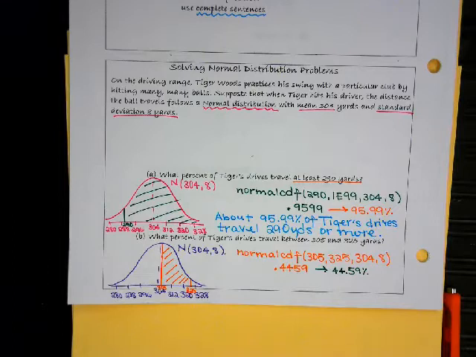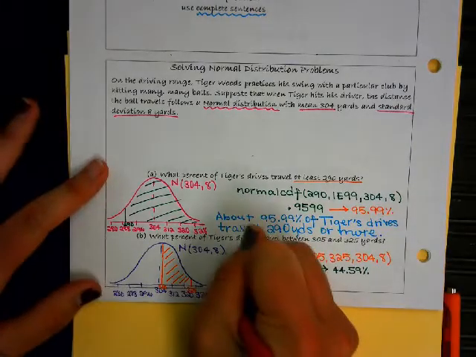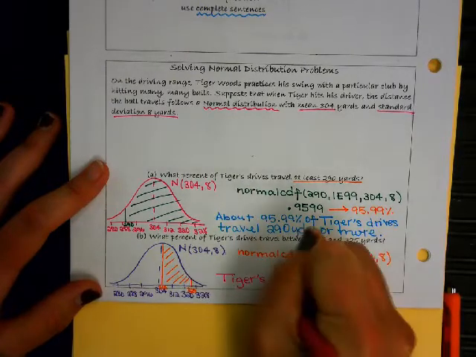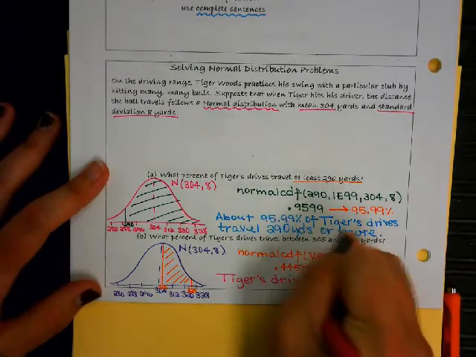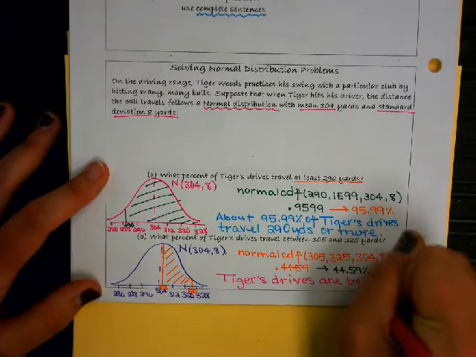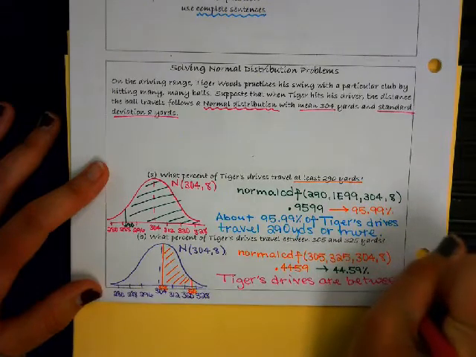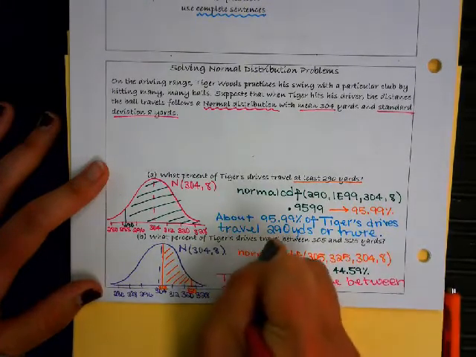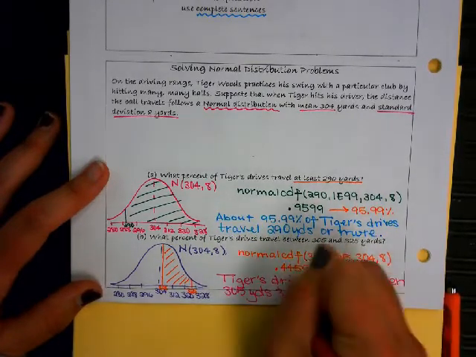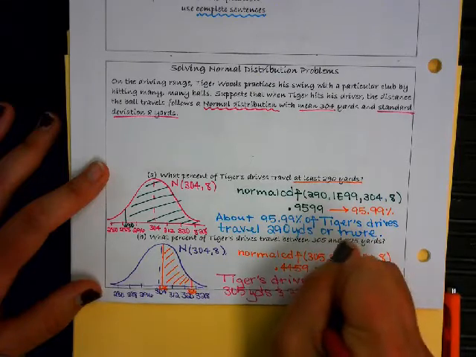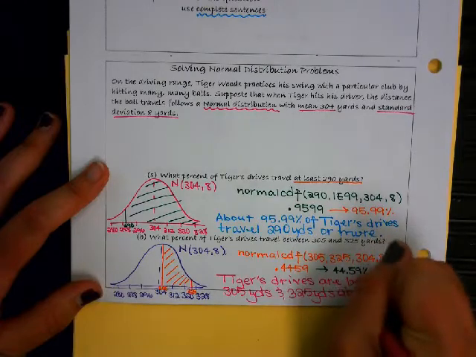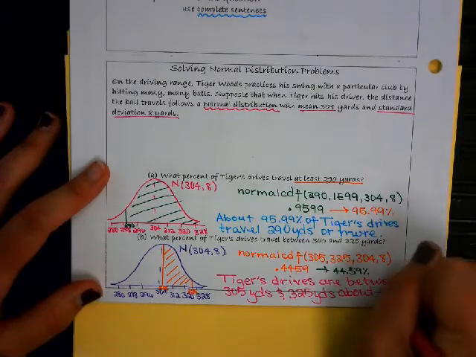So for this one, I'd say something like Tiger's drives are between 305 yards and 325 yards, about 44.59% of the time. Again, that's just a sample way to write a sentence.